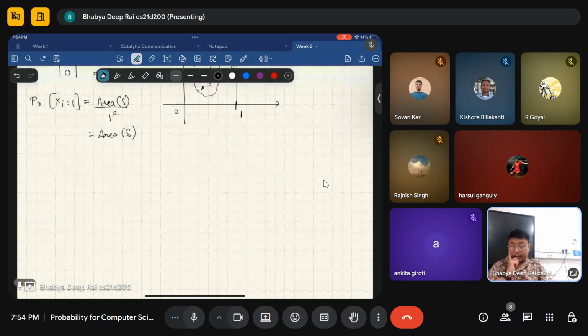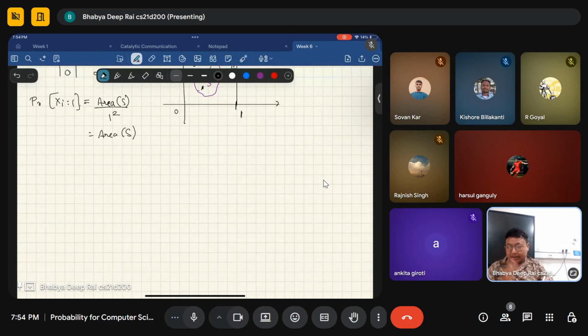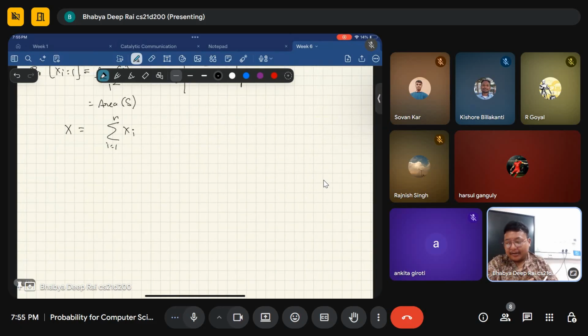Now I want a bigger random variable which will capture this xi. So what do we do? Usually we do the summation of xi, i equals 1 to n samples, right? Now what do I do? Like Goel said, I'll calculate the expectation.